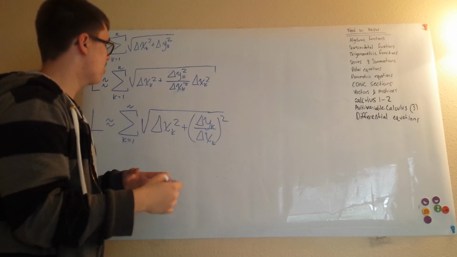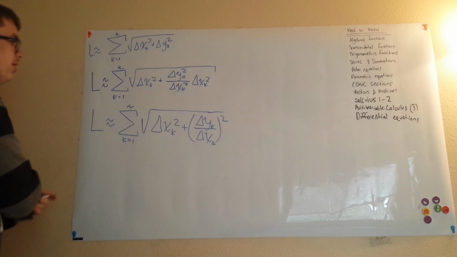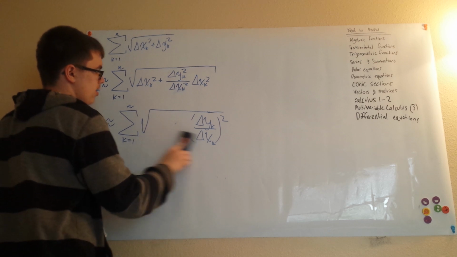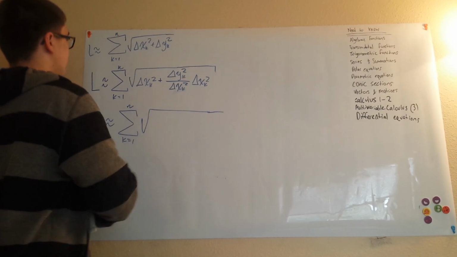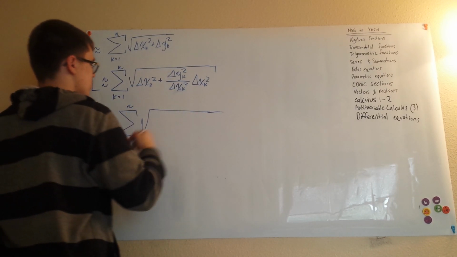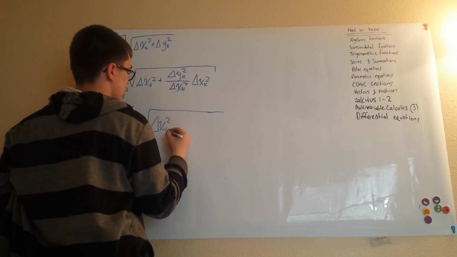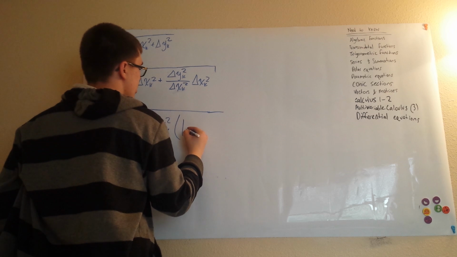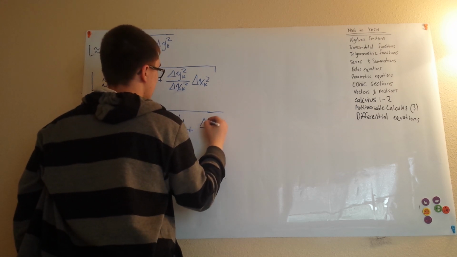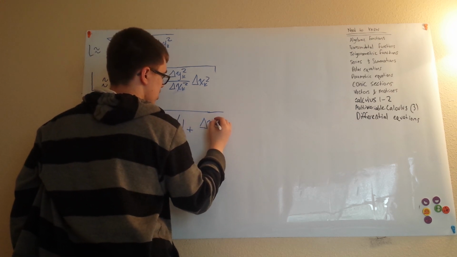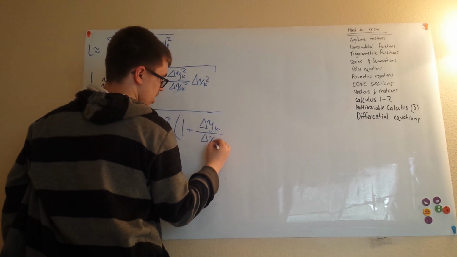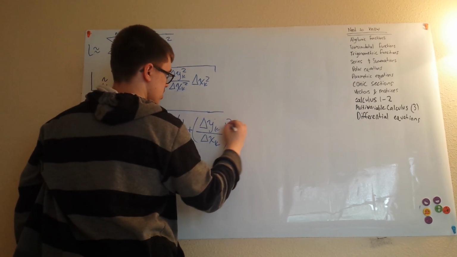We factor out a delta x sub k squared, and we leave a 1 plus delta y sub k over delta x sub k squared.